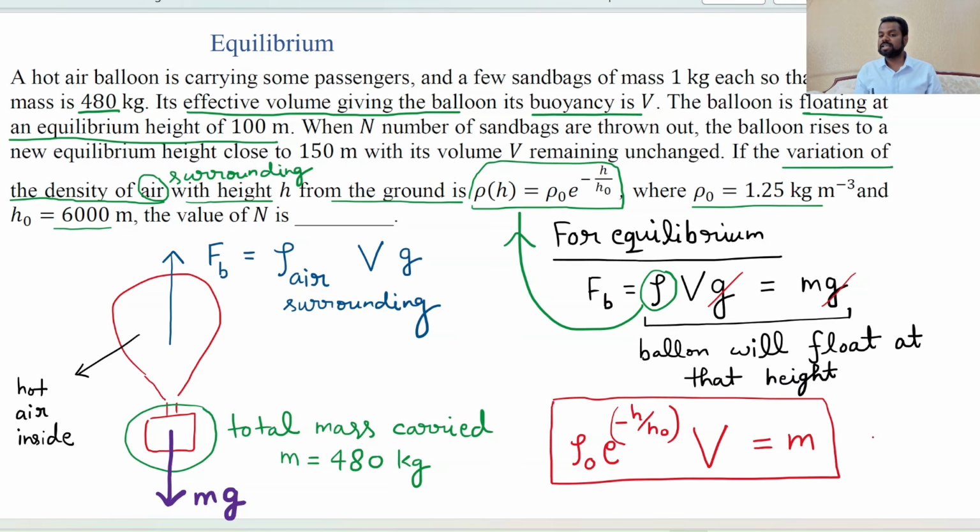If the balloon is carrying a load m, the height at which the buoyancy force equals the weight, so that the balloon will float at that height and not move up or down, will come from this equation.